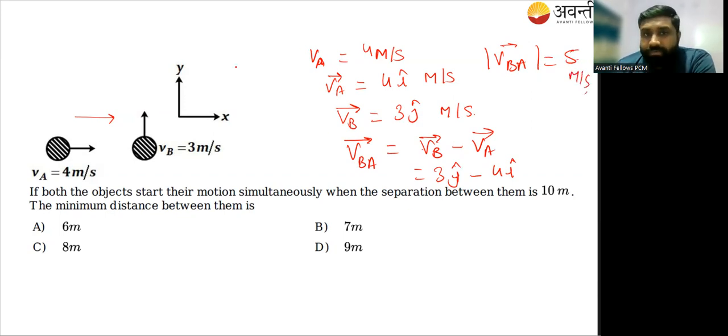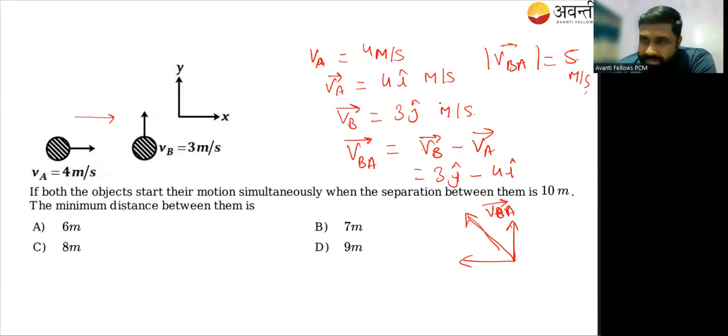Now, if you draw it in vector form, you have the VB vector, which is positive, but it is minus VA. So you have to invert the direction of VA, which is given to you. So VA will move in this direction. Now take the resultant of this. This is the direction of the VBA vector.